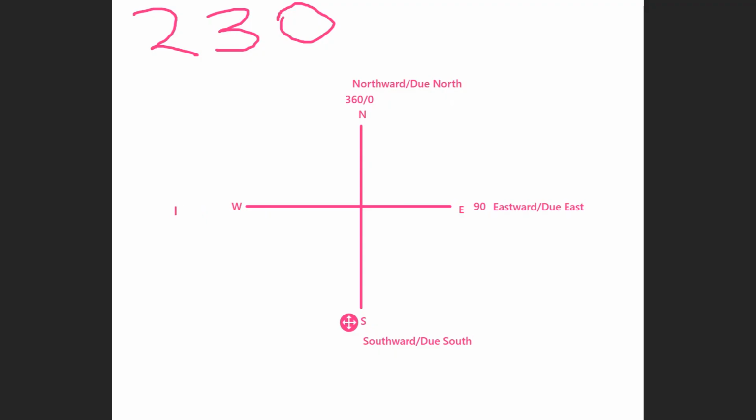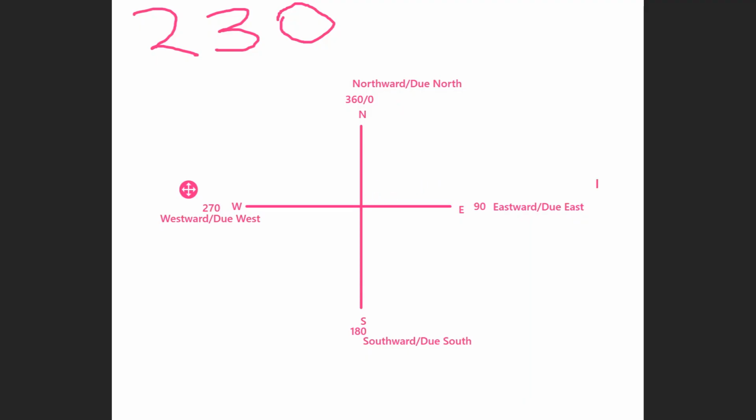And then right here, westward, or due west. Okay, and here is 90 degrees, as you can see, while this part is 180 degrees. And this other side here, which is the west, is 270 degrees. This is 360. This is basically how it is.